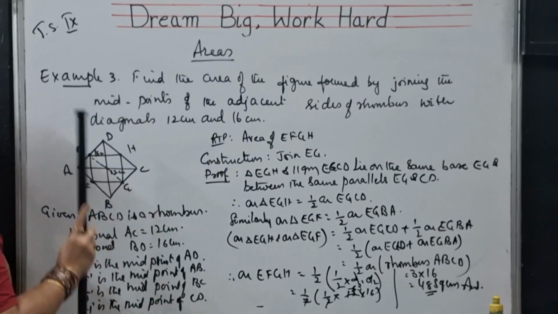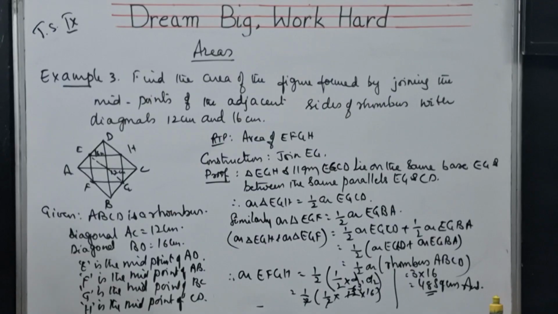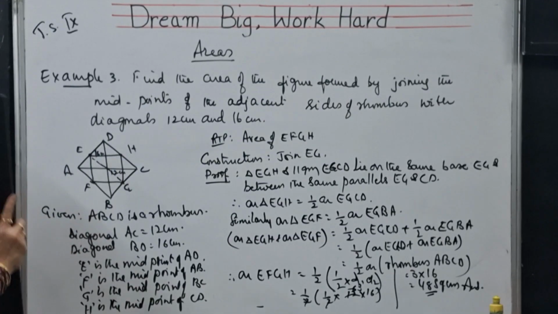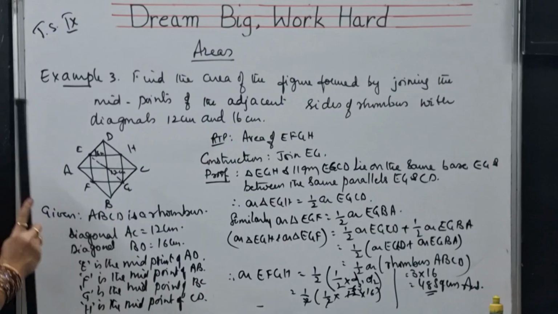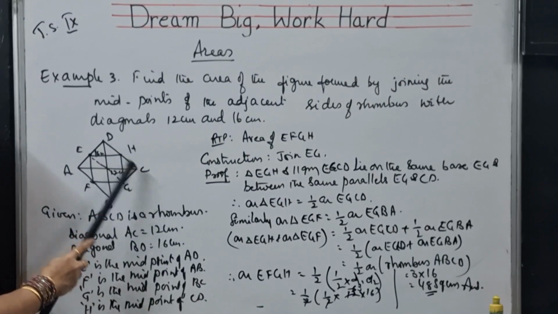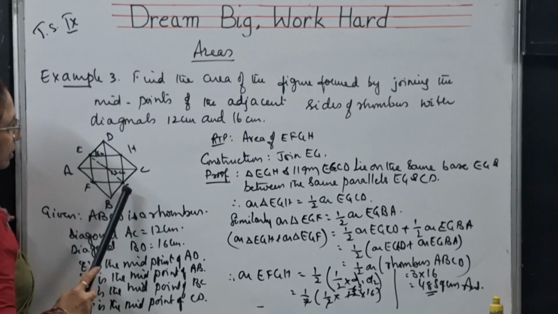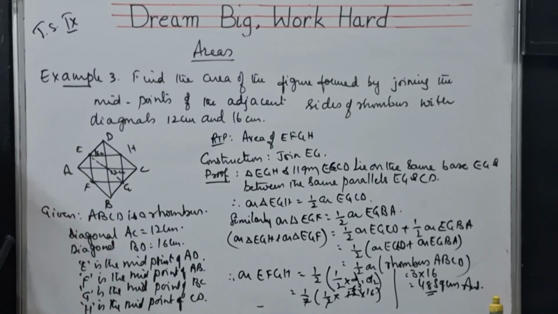AC is the diagonal 12 centimeters, BD is the diagonal 16 centimeters. Now, E is the midpoint of AD, F is the midpoint of AB, G is the midpoint of BC, H is the midpoint of CD. So you have got the figure EFGH. You need to find out what is area of EFGH.